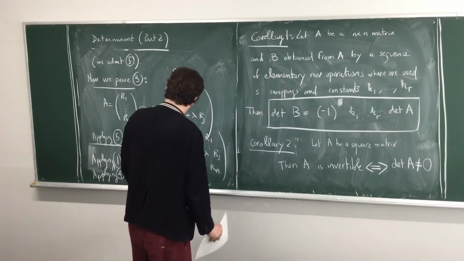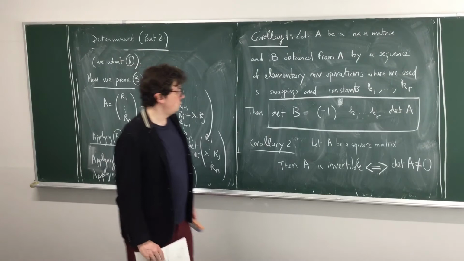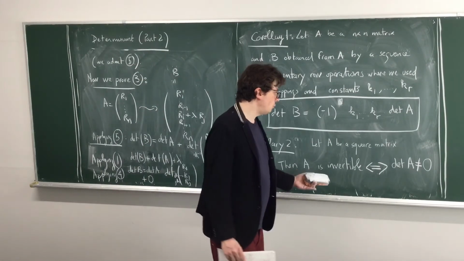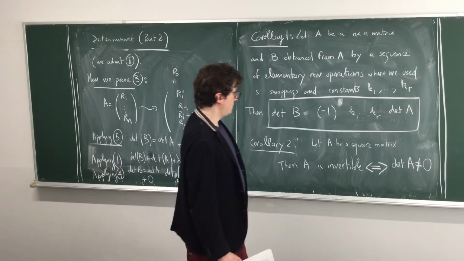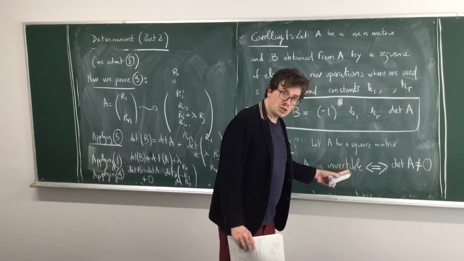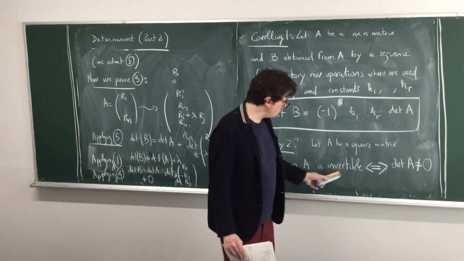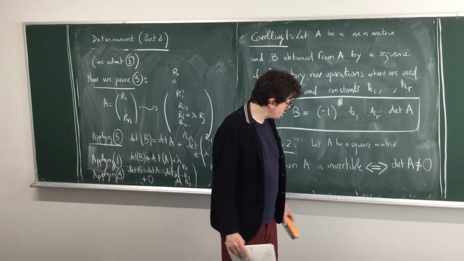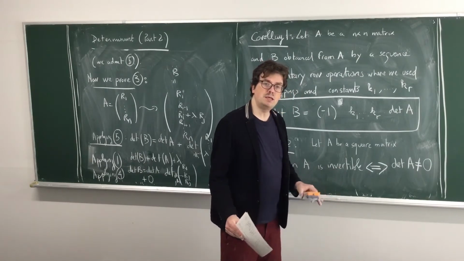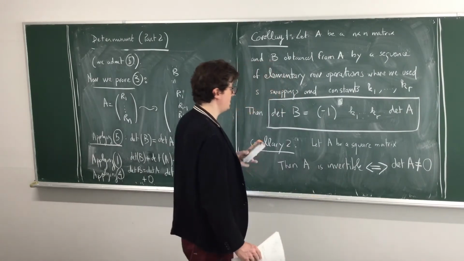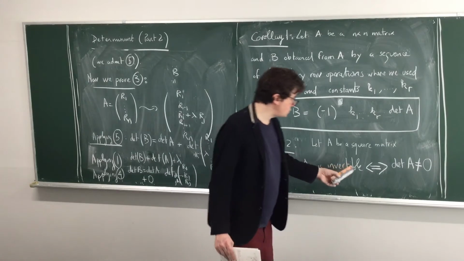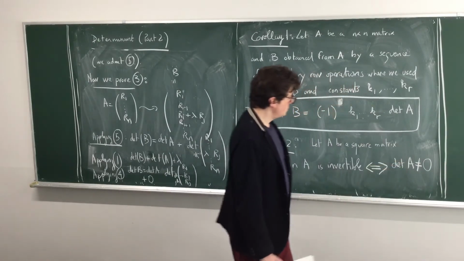So this gives a brand new criterion to know if a matrix is invertible or not. Remember that by definition, a matrix is invertible if and only if there exists some matrix B such that A times B equals B times A equals the identity. So this was our definition, and now we have a new concept.